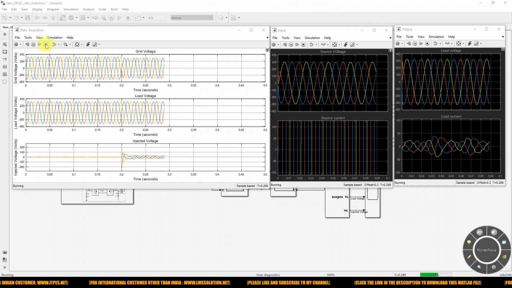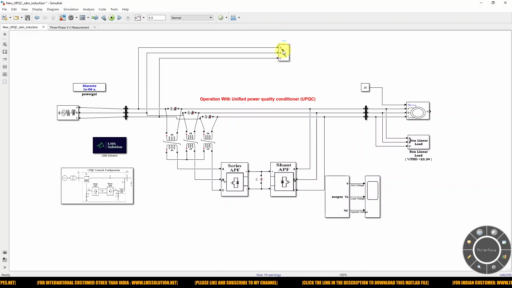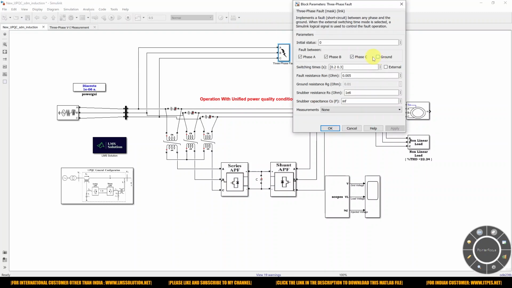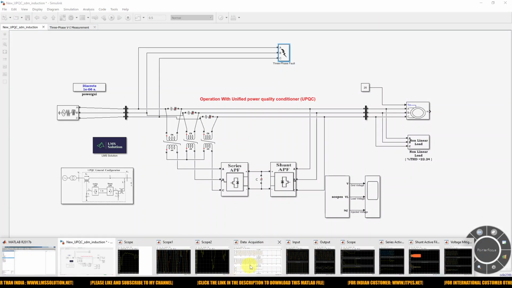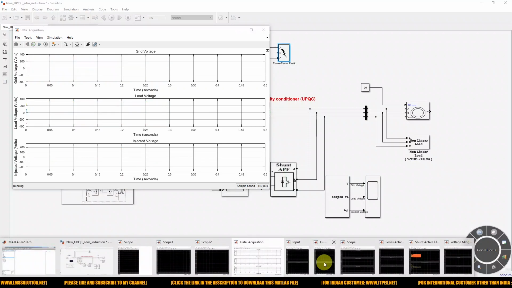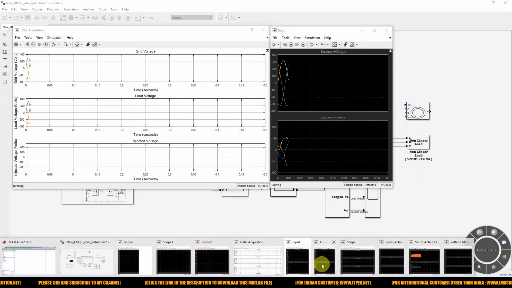So this is the working of UPQC under triple line fault. I'm going to change to double line fault, and then we will check the system response.